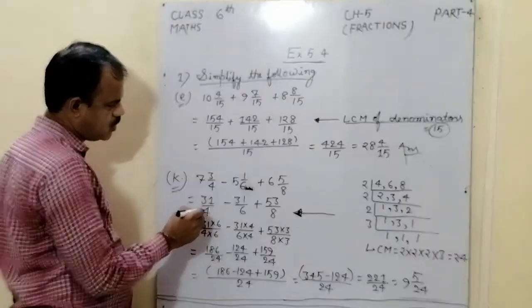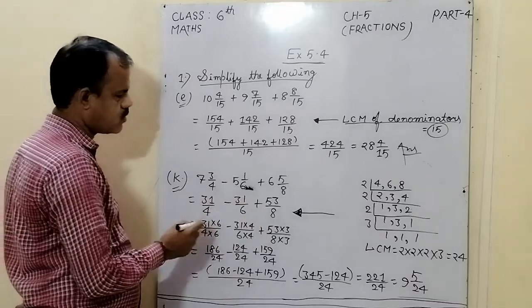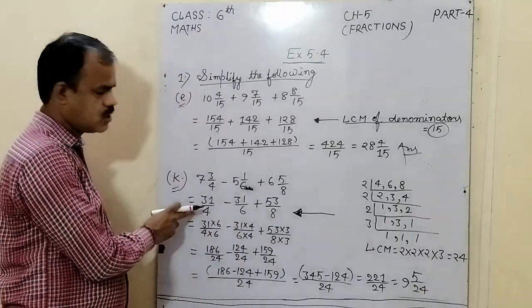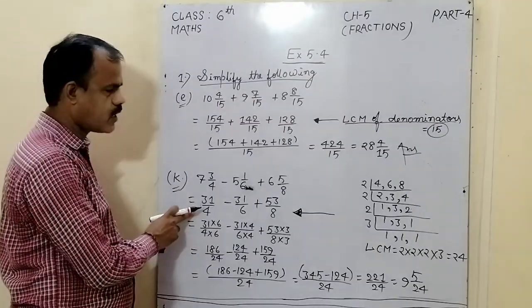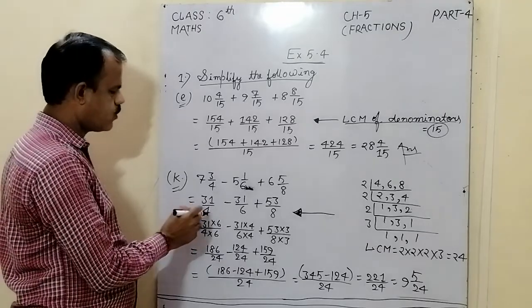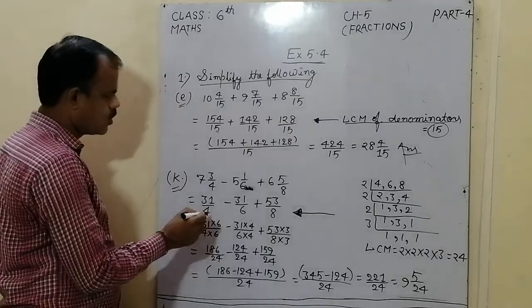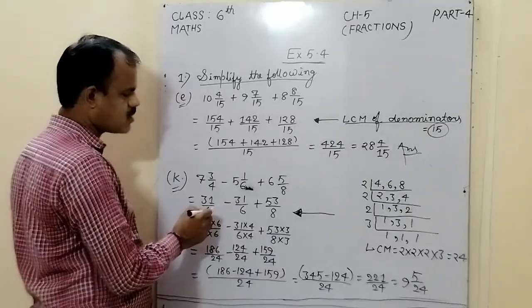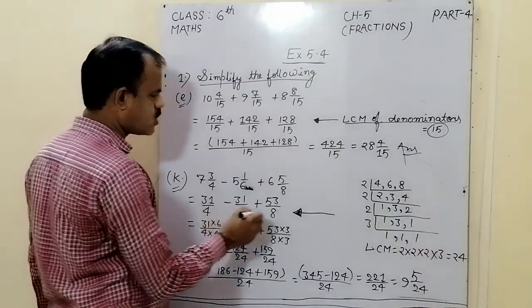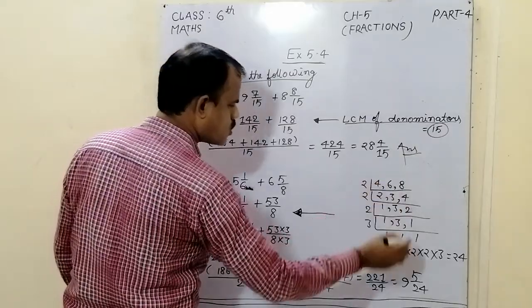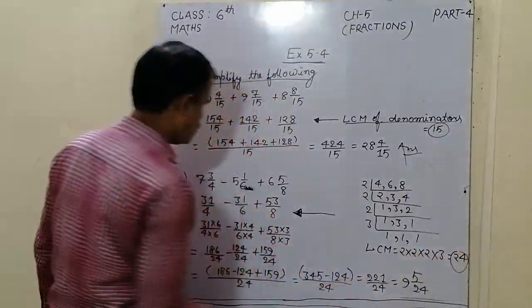Now you see the denominators are different, so all these fractions are unlike fractions. First we have to change them into like fractions. So we take the LCM of the denominators 4, 6, 8, which is 24.